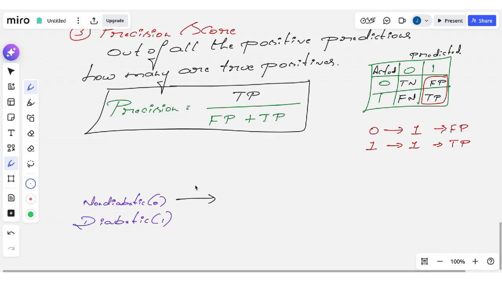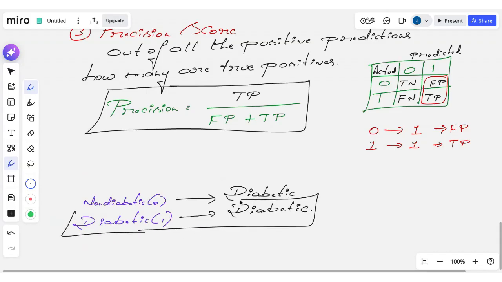Positive predictions in the sense, whatever predictions your model has made should be diabetic. If the model is predicting diabetic, for both the cases, we call it positive predictions. Out of all the positive predictions, how many are actually true positive? That means how many diabetic patients are correctly classified as diabetic?